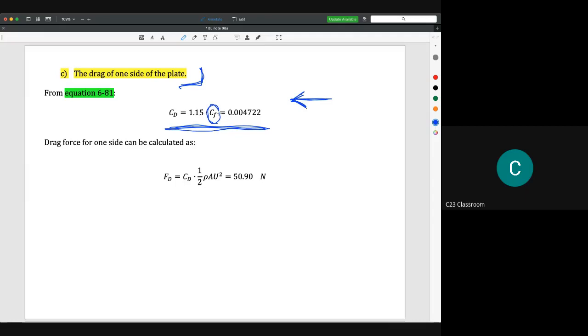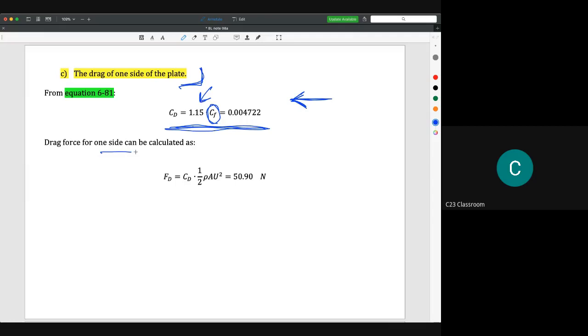But in certain textbooks, sometimes the ratio is increased by the researcher. You may use 1.20 and so on, depending on the experiment that you conduct. If we use 1.15 based on the textbook that we have, we get the CD here equal to 0.004722.